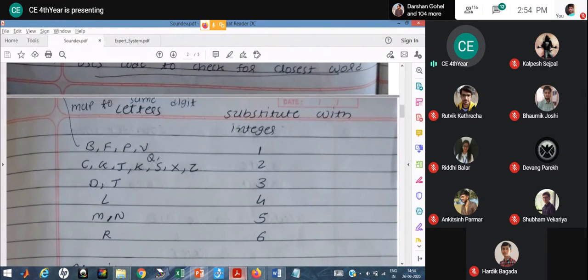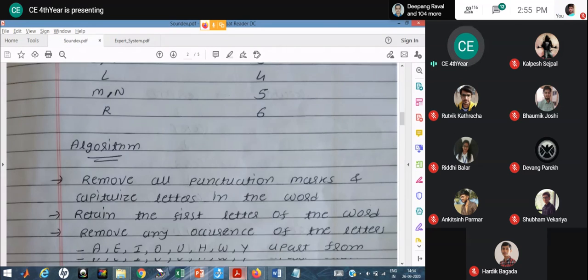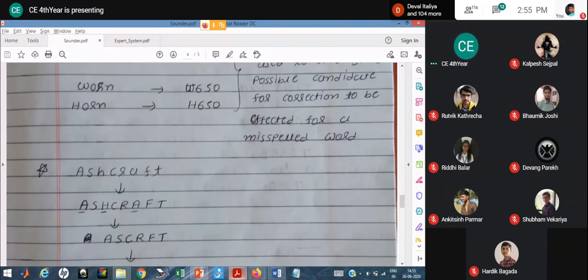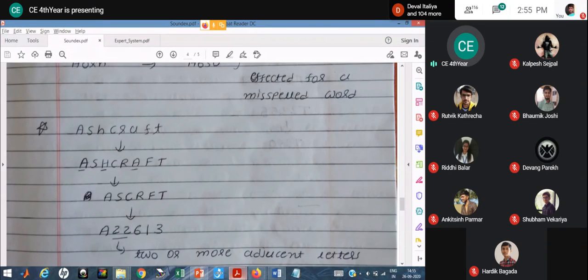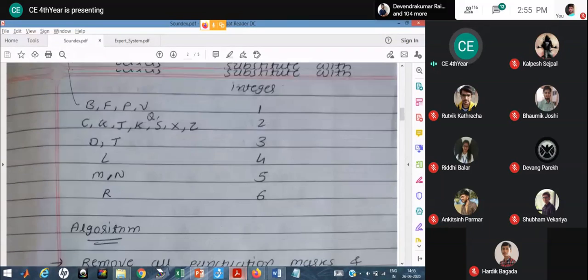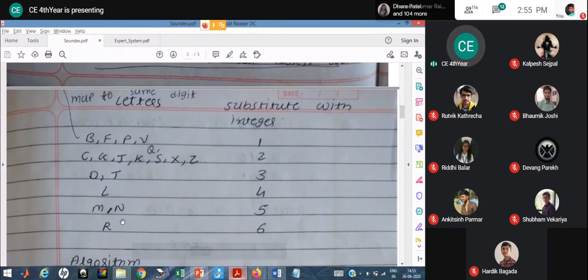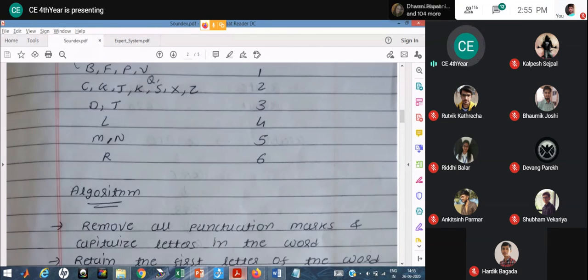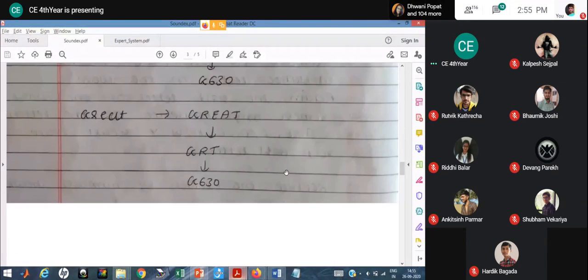For S and C, you are getting the value 2. Then for R, F, and T, I am seeing the values. For R I am getting 6. For F, I am getting 1. And for T, I am getting 3, everyone. So this is the value I am getting.